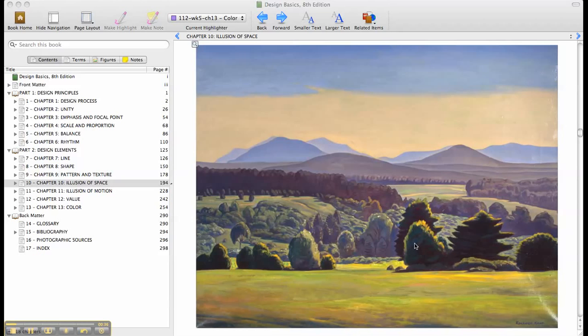But what about volume? Well, that really gets back to chiaroscuro from the previous chapter about value, chapter 12. And we could go and review that, which maybe you should do on your own if you're not entirely sure about it. But chiaroscuro refers to the way the artist shows light and shadow, or a dark side and a light side, to identify a light source.